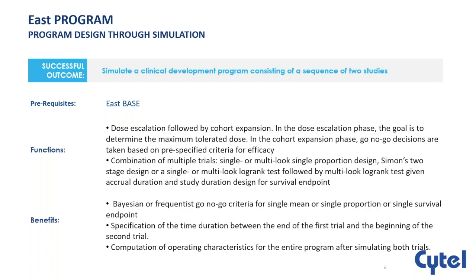The program module also has other applications, as you can see on the screen, especially in the area of oncology, where you can follow up any single arm study with a group sequential study using the log-rank test statistic. But today, we're just going to be focusing on the dose escalation part, followed by the cohort expansion part.